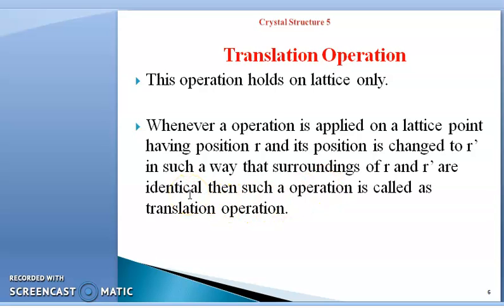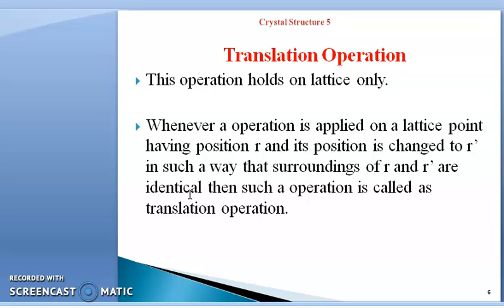The operation due to which the position of the lattice point changes from R to R dash without changing its surroundings is said to be a translation operation.